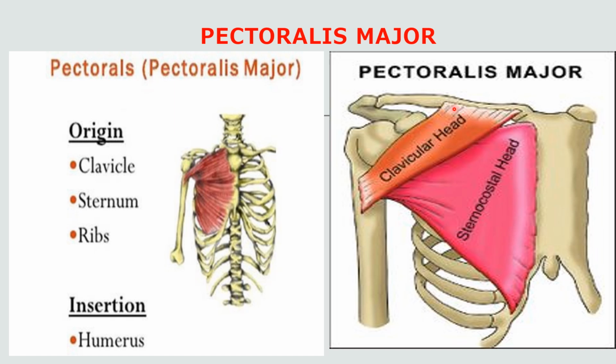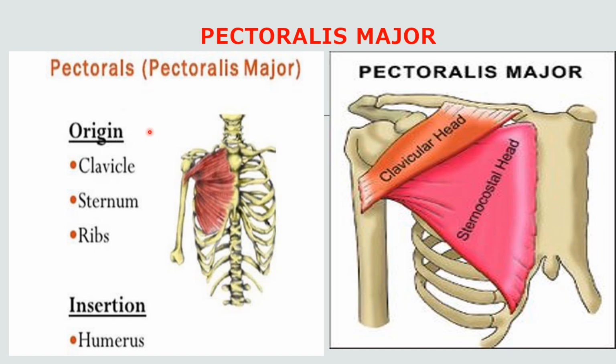So the sternoclavicular origin of the muscle is broad, whereas at its insertion the muscle is narrow. Okay, it is separated from the anterior border of the deltoid by the infraclavicular triangle.